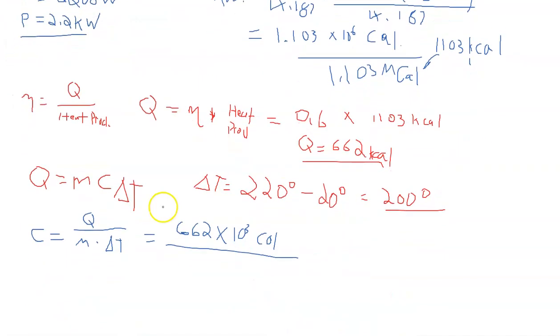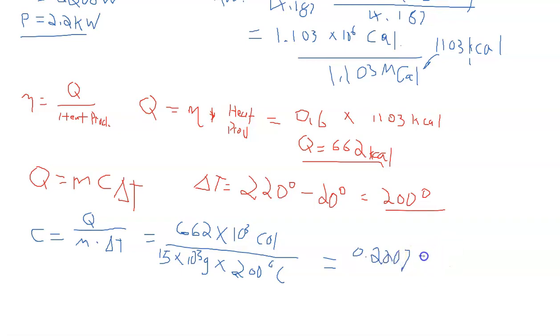And so that's an important one to remember. 15 times 10 to the 3 grams for kilograms, multiplied by 200 degrees C for delta T. And if you work all that out, you should come up with 0.2207.